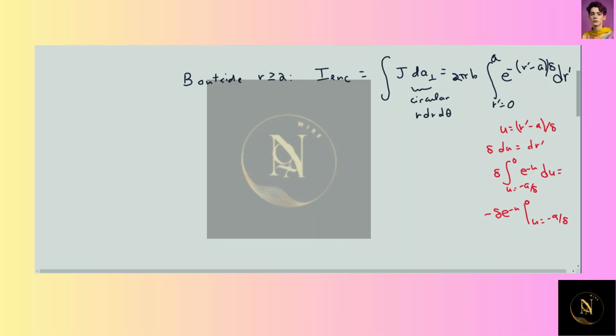So it gives us an exponential to evaluate between two limits. And now let's just kind of put it all together. The I enclosed is 2 pi b times the delta. And we have a minus 1 in the upper limit plus a e to the a over delta as the lower limit.